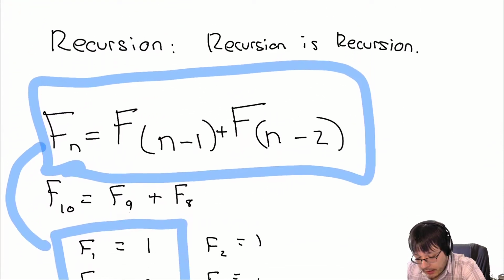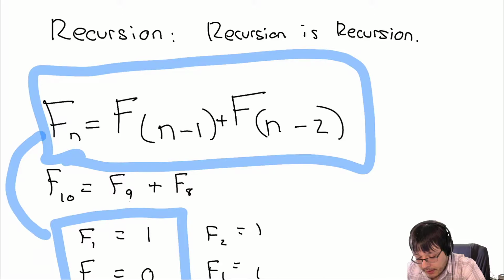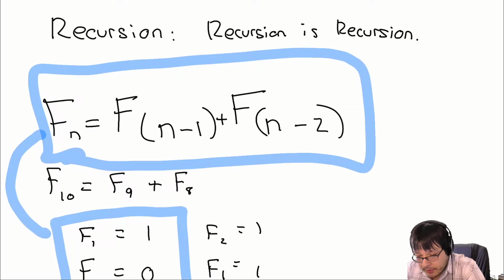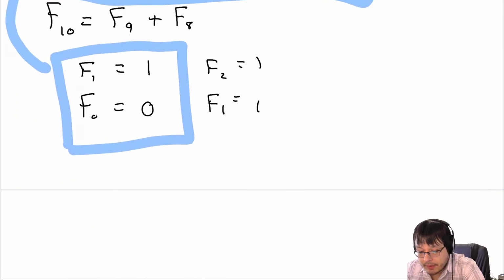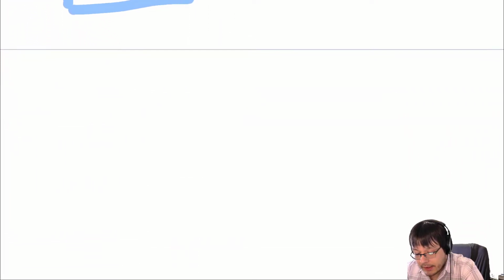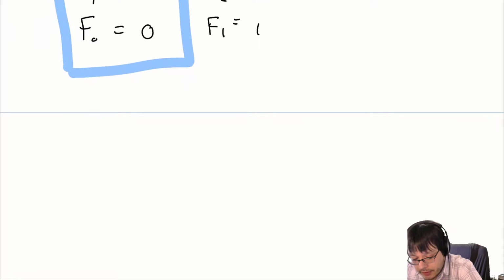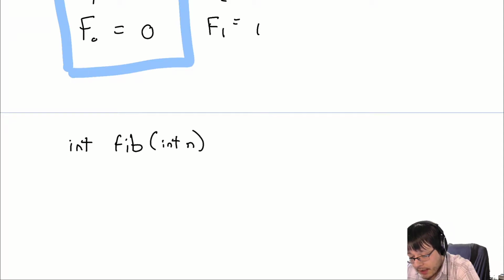Let's look at how this is done right here. We are saying that we can compute f of n as long as we know f of n minus 1 and f of n minus 2. And so I can go ahead and write another function that is called fib, as before. And it does also take a parameter n.